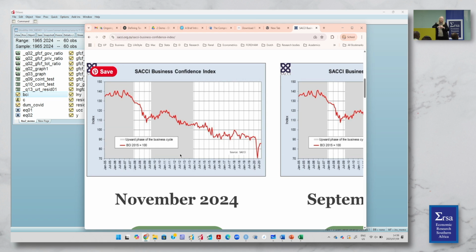Sorry, Prof. Would a nice proxy or instrumental variable maybe be the World Economic Forum rankings? Sure. That would give you a relative to the entire globe. And yeah, I mean, that's where the science becomes an art, where you have to search for things that will help explain what we see.